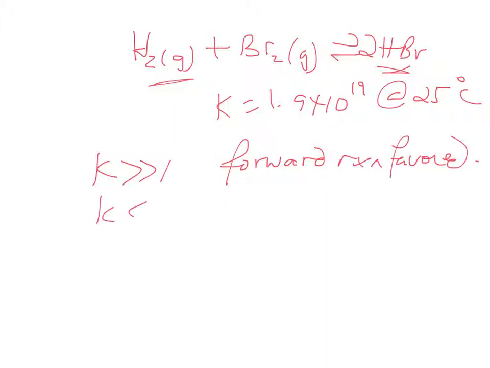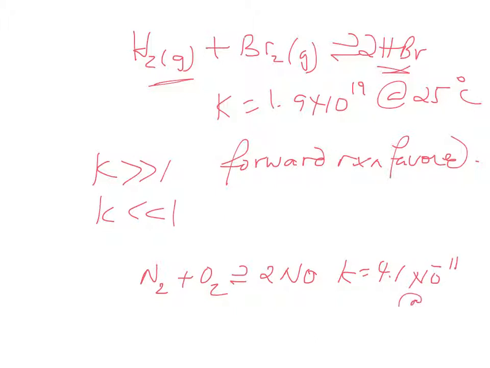If your K value would have been much less than 1, and so an example of that would be, let's say you have N2 plus O2 giving you 2NO. K value for that is 4.1 times 10 to the power of negative 11 at 25 degrees Celsius. So this is an example where you have such a small number for the equilibrium constant. So the backward reaction would be more predominant.